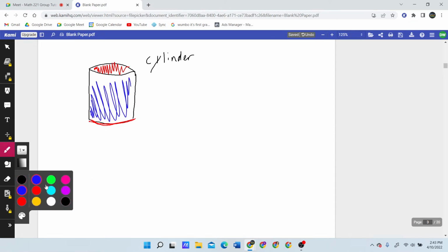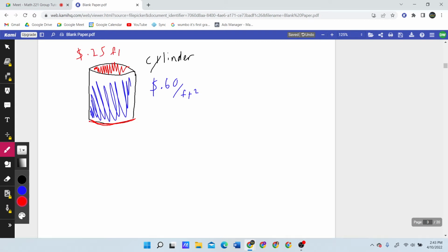Now, as we all know, blue paint is more expensive than red paint. As a matter of fact, blue paint costs 60 cents per square foot, and red paint costs only 25 cents per square foot. We all know that. We all go to Home Depot on a regular basis. And so now the question becomes, what is the minimum cost in order to paint this cylinder the way I want it to? But I do have a constraint.